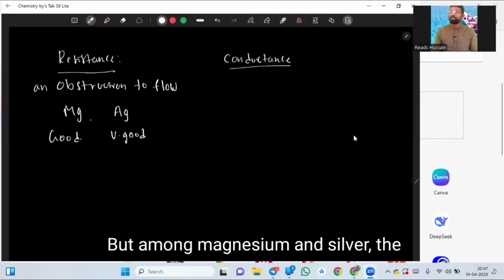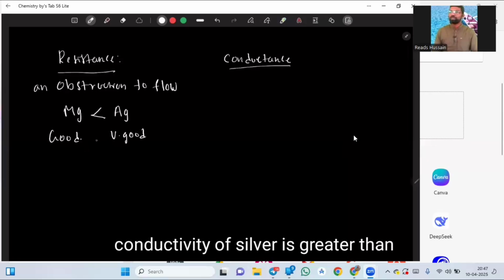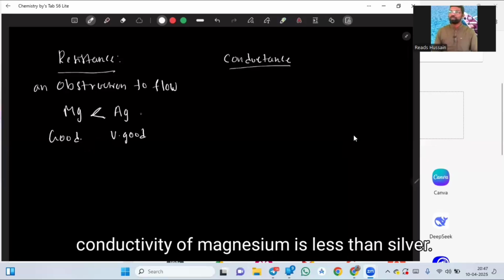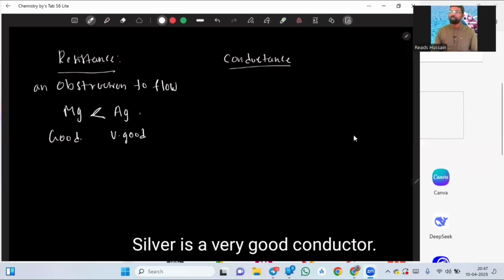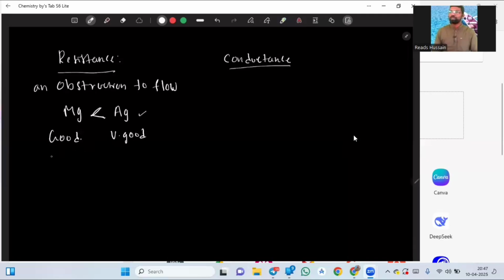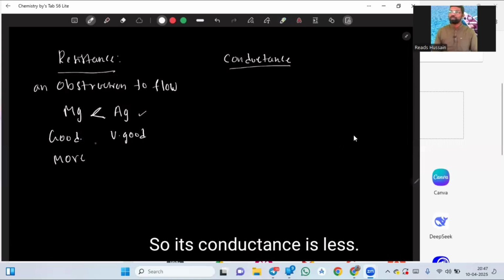But the conductivity of silver is greater than that of magnesium. That means the resistance of magnesium is more. Magnesium is having more resistance, so its conductance is less.